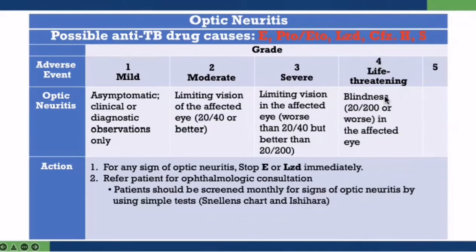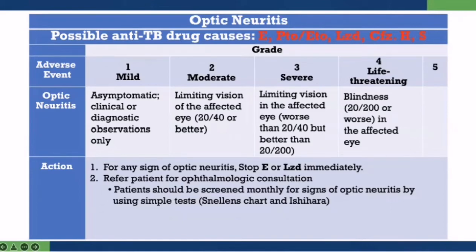So even with mild, moderate, and especially severe and life-threatening, please refer to an ophthalmologist for consultation and further management. And in PMDT, we do monitoring regularly, in fact monthly, especially if we still have the following meds, using Snellen's and Ishihara.